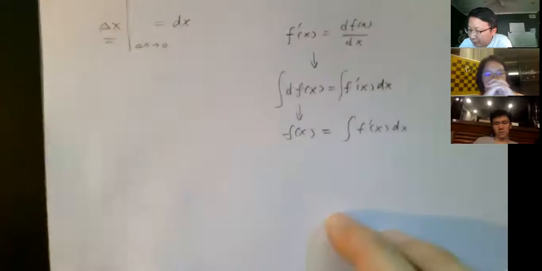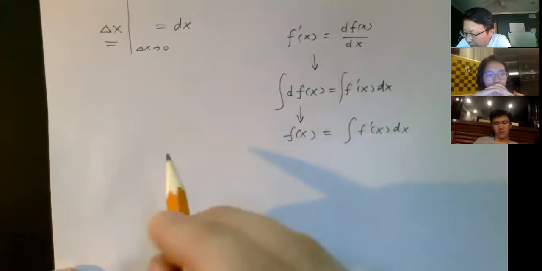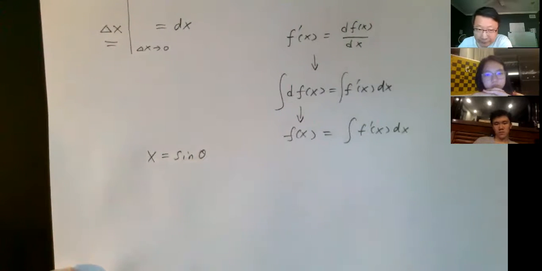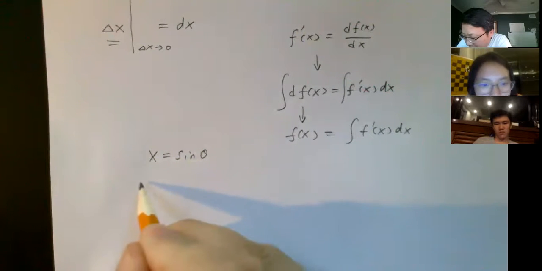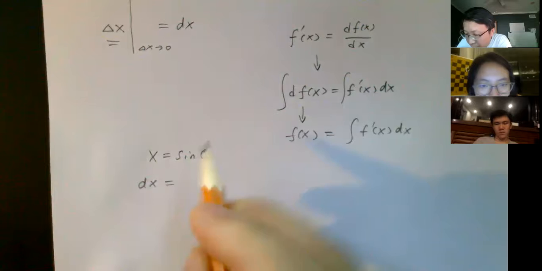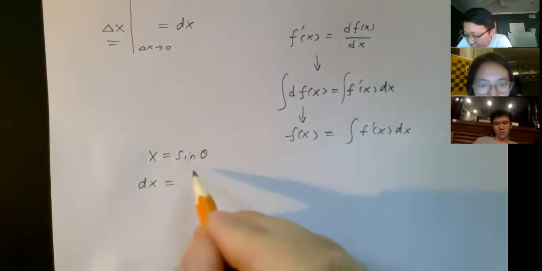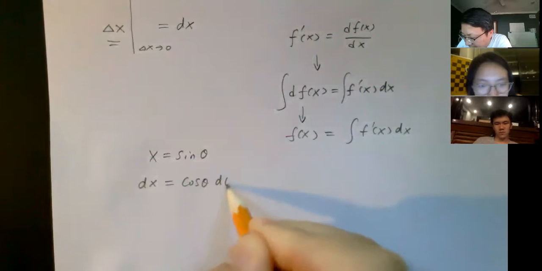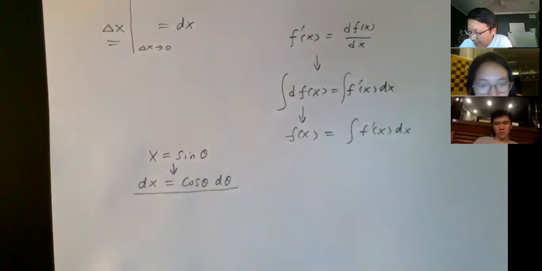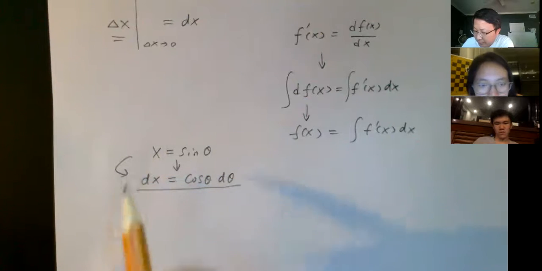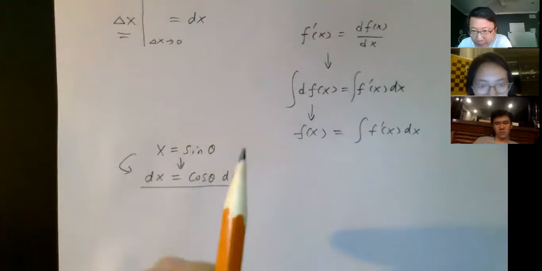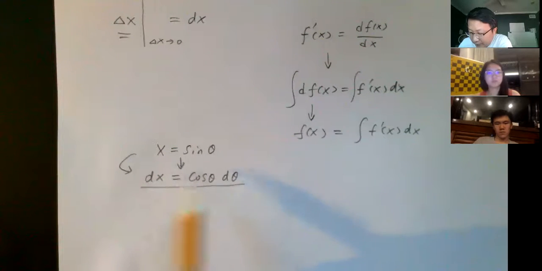So another way you could do is, for example, if I say x equals sine theta, let's say x equals sine theta, and you can still do the dx equals to what? dx equal to sine theta derivative become cosine theta d theta. So why is this? This is very widely used in the calculus to deal with this kind of treatment.